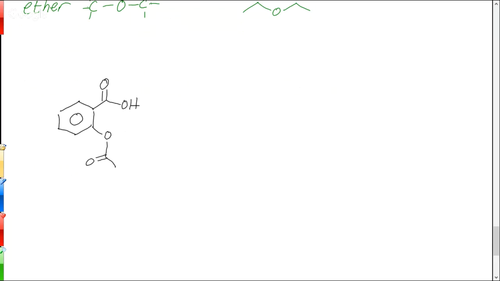Not an aldehyde, but close. It's a different type of functional group. Yeah, we've got a carboxylic acid here. Where do you see an ester? Right, so right here we've got an ester.